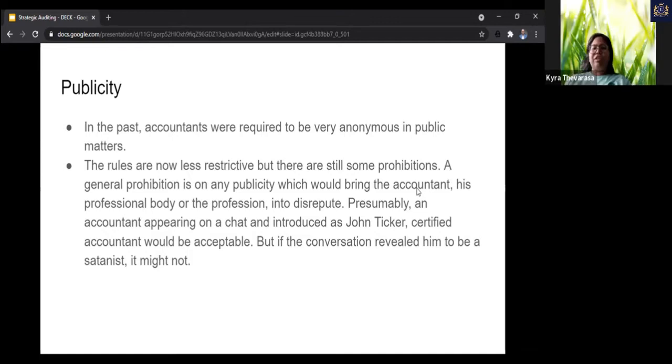Apart from the big four, no one really knows who the auditors are and where they are located, unless you are supposed to find them for auditing.